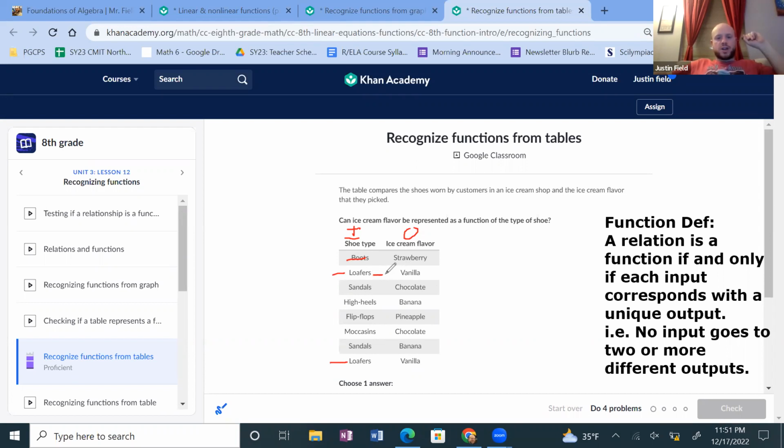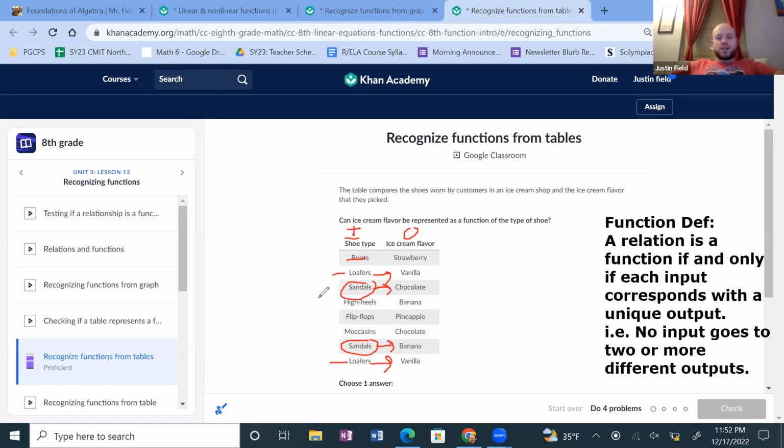But look, the output is vanilla both times. So it is a function. The input appears twice, but it goes to the same place both times. Now sandals, on the other hand, one time it goes to banana, but one time it goes to chocolate.